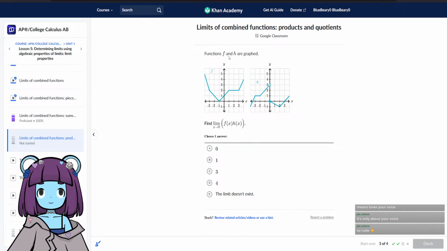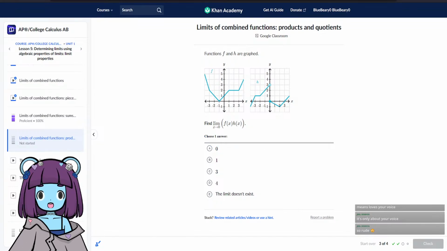Functions f and h are graphed, so the limit as x approaches 0 of f of x times h of x. Let's see.